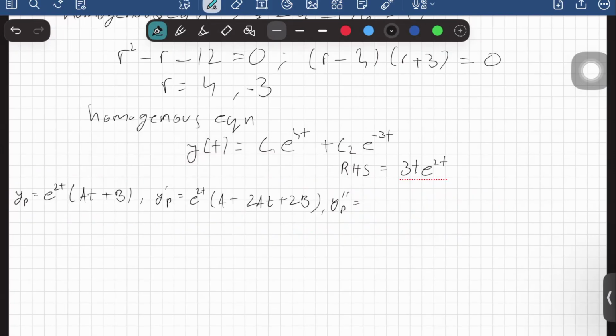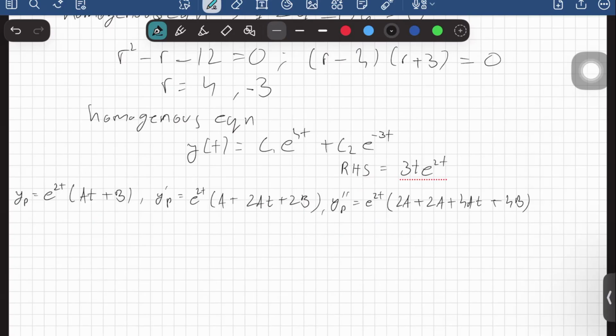we just solved. And what we end up getting for this one is e to the power of 2t, and this would be 2a plus 2a plus 4at, and then we would have plus 4b in this case.